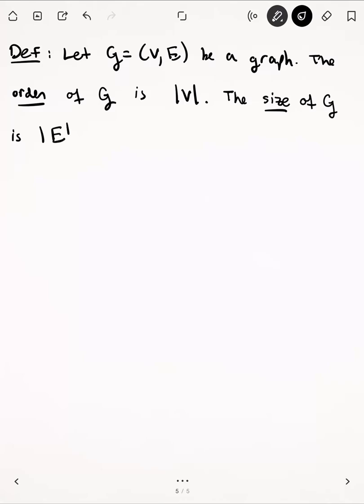The order of G is the number of vertices, i.e. the cardinality of the set V, the number of elements in the set V. The size of G is the number of elements in E.